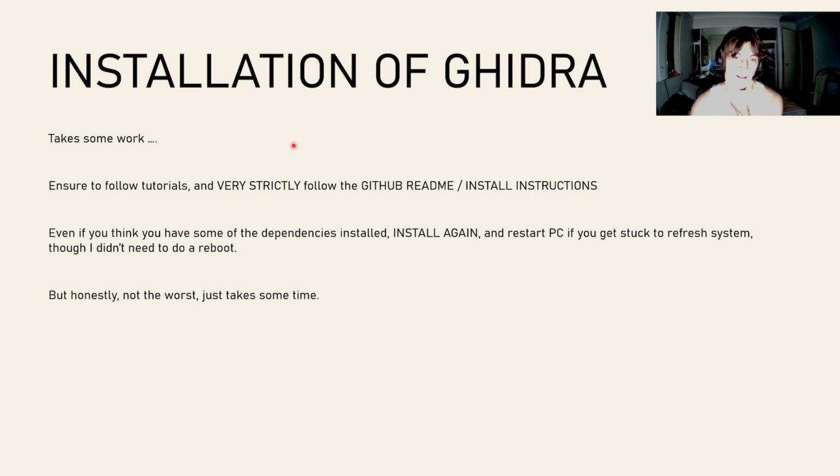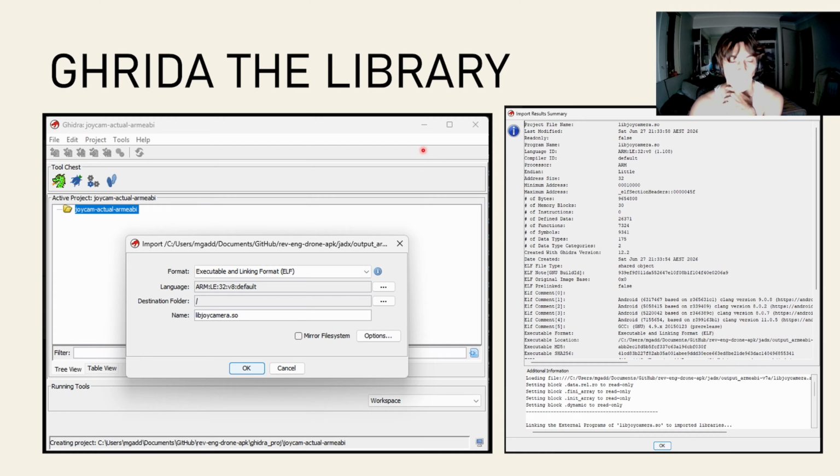Without that, it would be a very hard job. Anyway, you've got to install this. It takes some work, and you've got to install all the bits separately because that's just how they made it. So just make sure you follow a tutorial or very strictly follow the README, reboot if you need to, whatever. It just takes a bit of time, so be aware that you've got to do that properly.